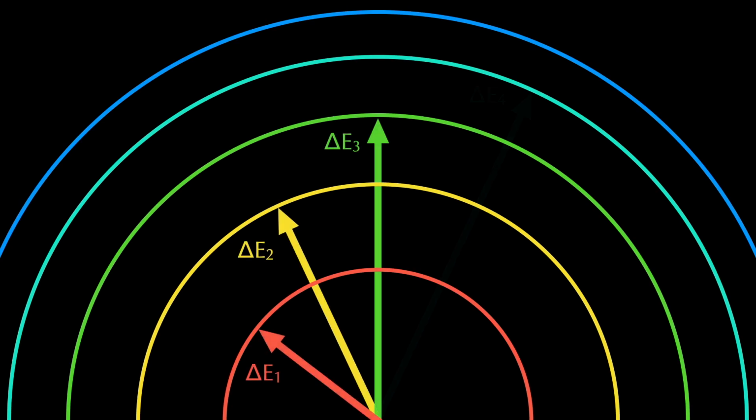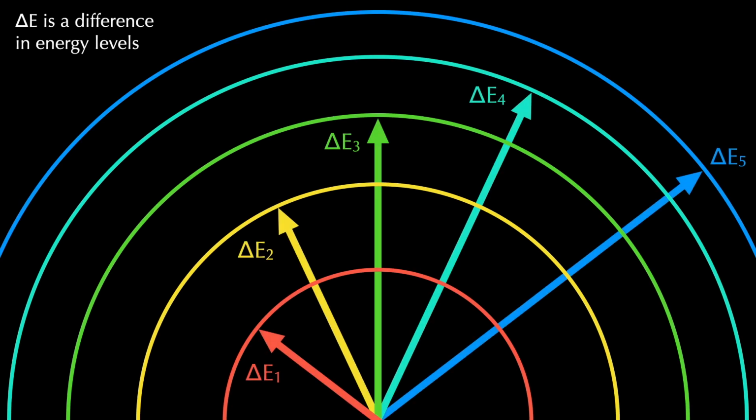What I've been hinting at, and what Bohr insisted on, is that these energy shells are fixed at very specific distances from the nucleus. In other words, the amount of energy associated with each shell is very specific. This is actually what quantum means, that on this scale, everything depends on specific quantities of energy.